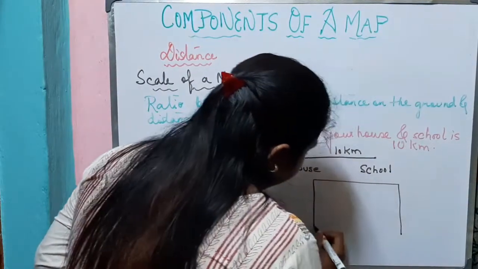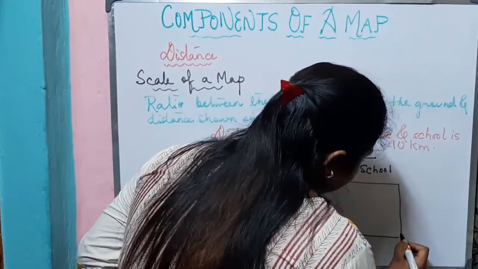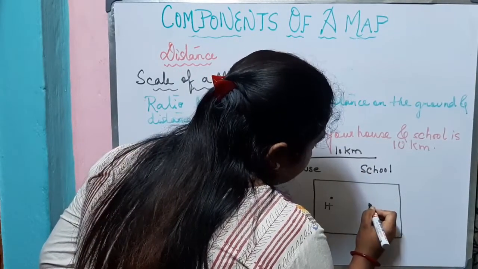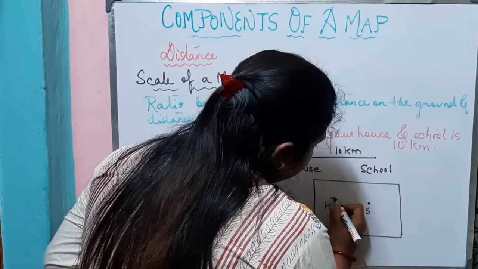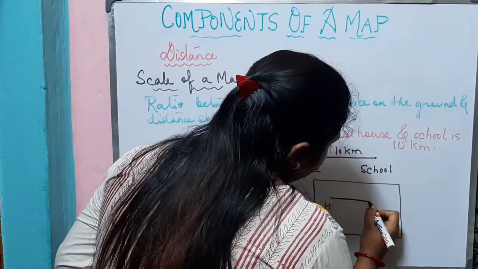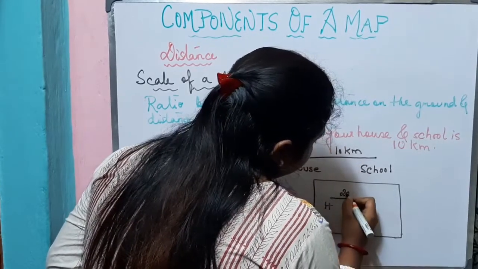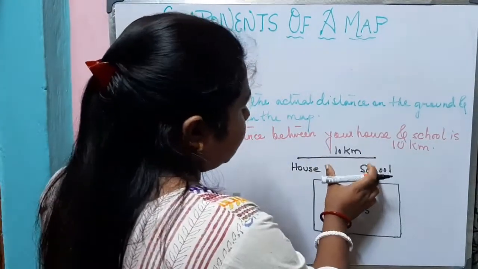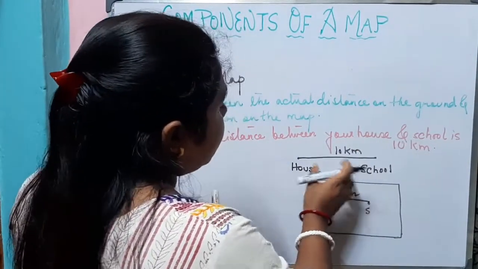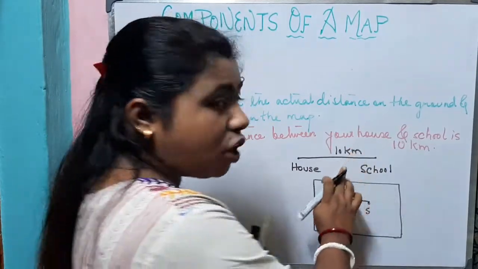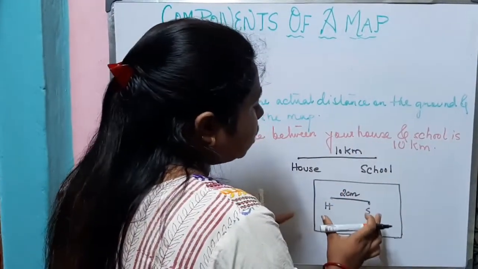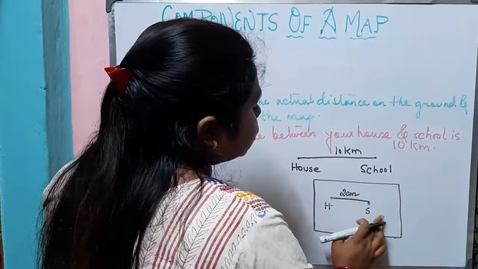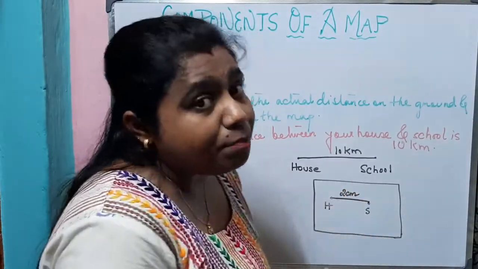Suppose I'm drawing a map. Then I will show the distance between the house and the school with 2 centimeters. So the actual distance on the ground between the house and school is 10 kilometers, and when I'm drawing it on the map, I'm showing the distance with 2 centimeters.